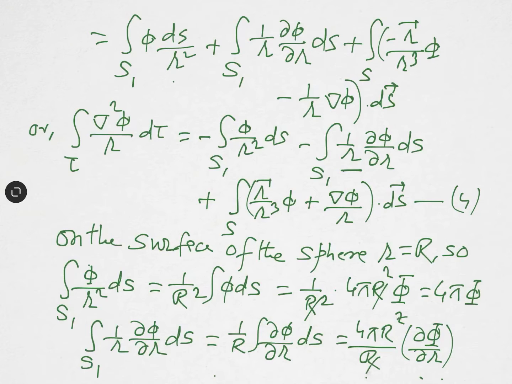And this 1 over r will cancel out, and so this integral will be simply what? This is 4 pi r times del phi by del r.